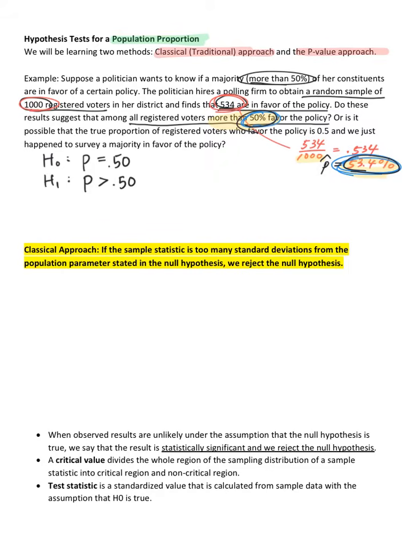Okay, so how different is 53.4% from 50%? To answer the question, we first look at the sampling distribution of p hat. Because if the sampling distribution of p hat is approximately normal, then we can figure out what values are considered unusual. Okay, so let's check the assumptions.